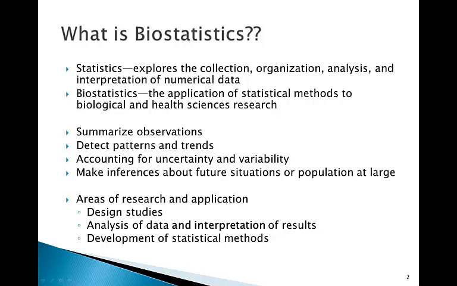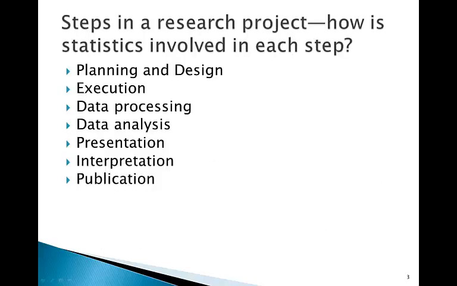There are different areas of research and application of biostatistics, and those include study design, analyzing and interpreting data, and also development of new statistical methods. When you think about different steps in a research project, you can look at them and think about where statistics would be involved in each step. In planning a study, statistics is used in the study design for randomization plans, sample size calculation.